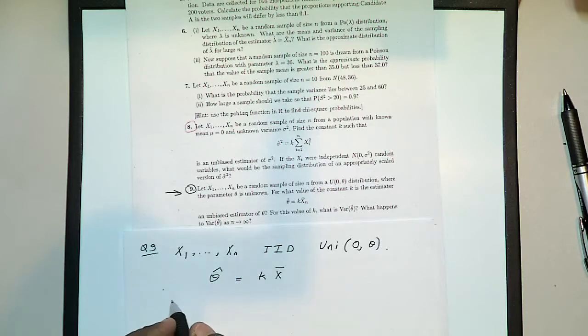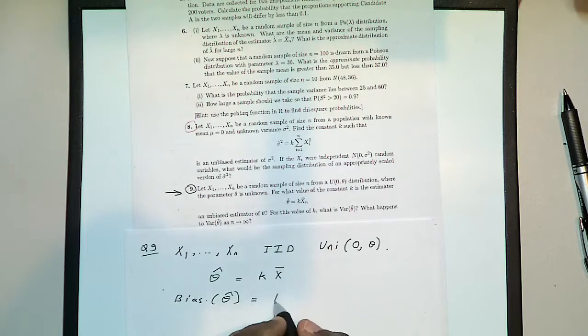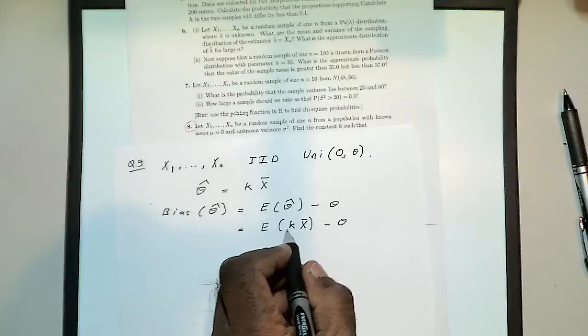So what you need to do is to find the bias, as in the previous question, and then set it to 0, and then solve for k. The bias is defined as, this is the definition of bias, hope you remember. So this is the expectation of k times X bar minus theta.